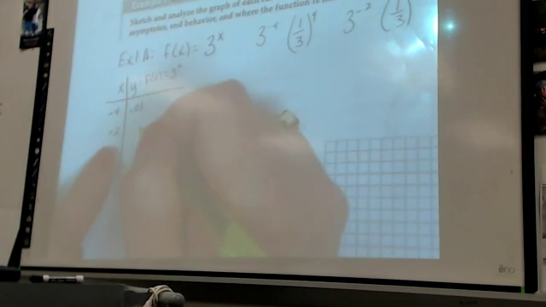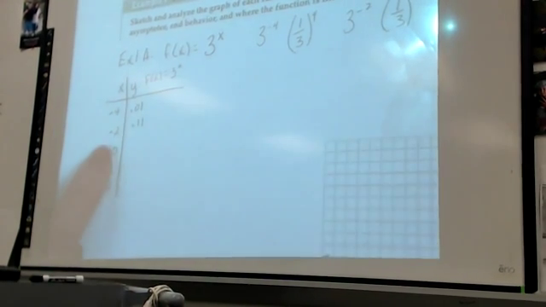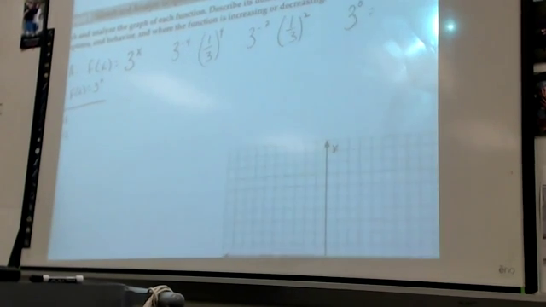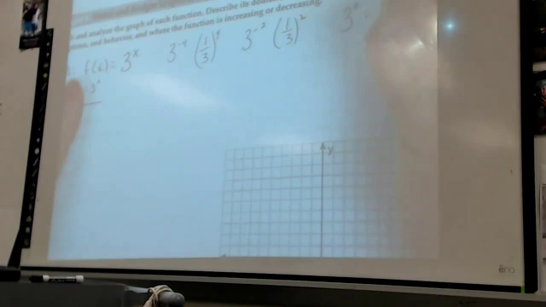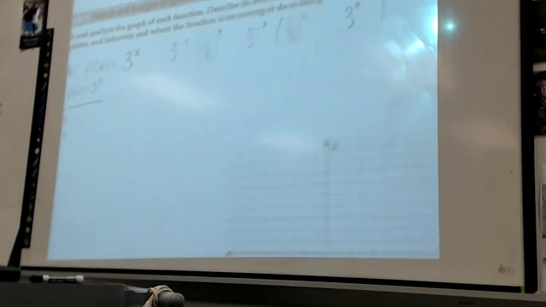What's the decimal for 1/9? So 0.11. Now, anytime you raise anything to the 0 power, does anybody remember what you get? No, close. 1. Anything raised to the 0 power is 1. If it's a million raised to the 0 power, it's 1.